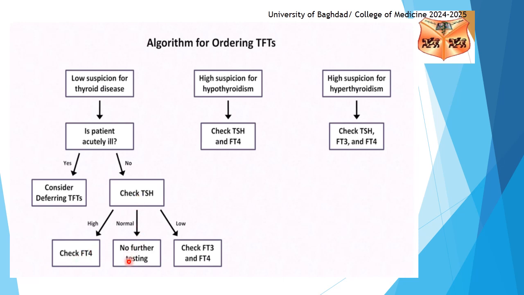Normal إذن no further testing. وإذا كان low check for free T3 و free T4. High suspicion for hypothyroidism إذن check for TSH و free T4. High suspicion for hyperthyroidism check thyroid stimulating hormone و free T3 و free T4.